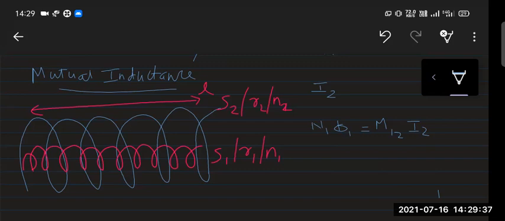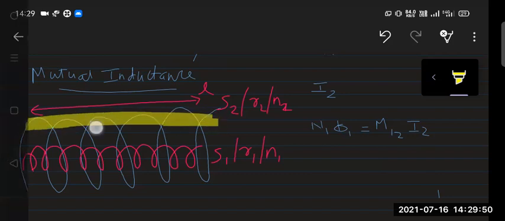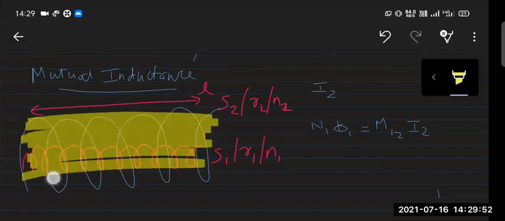What is the magnetic field that is produced inside this entire solenoid? What is that formula?